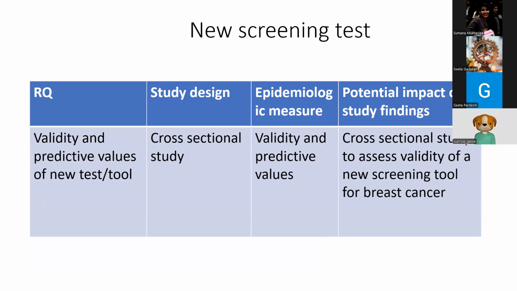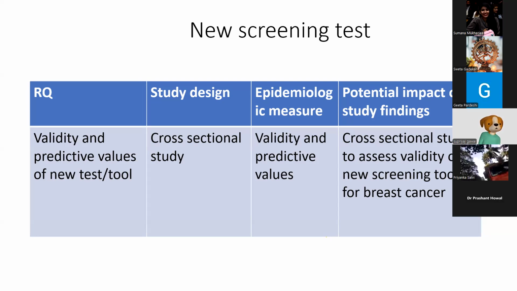The next one is usually done in the departments which are involved in diagnostic workup, say biochemistry, microbiology, pathology departments, where they are interested in assessing the validity and the predictive values of a new test or a tool.